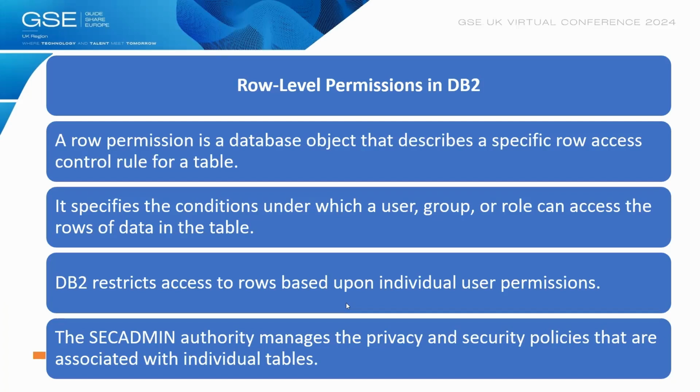It specifies the conditions under which a user or group can access the row on the specific table, and also it restricts based on the individual permissions. The SECADM authority manages the privacy and security policies which are associated with the individual tables.